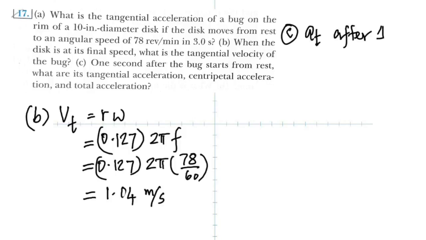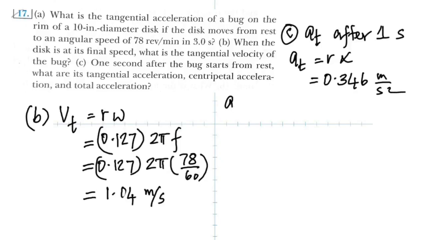Now C, 1 second after the bug starts from rest, we can still use AT is R times alpha, because alpha is a constant. So we have 0.346 meter per second squared.